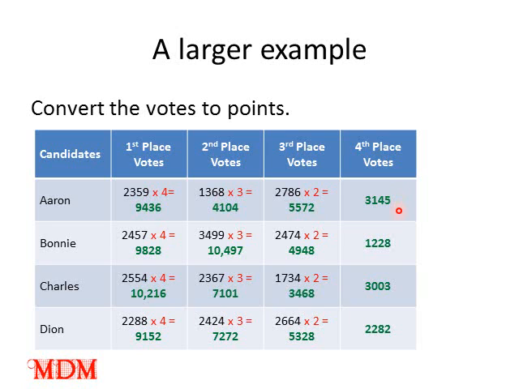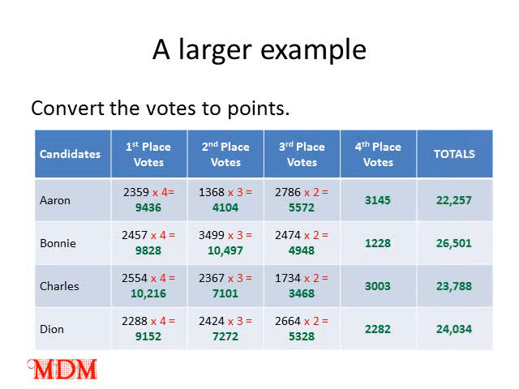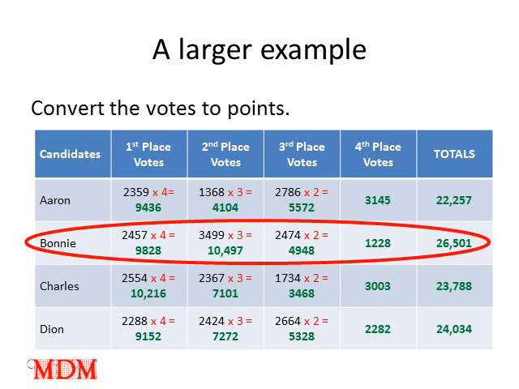In this case, I didn't show the multiplication by 1 because we know that any number multiplied by 1 gives us that number in return. Now I want to determine the total number of points that Aaron should receive and all of the other candidates as well. So looking at these totals, we can see that the candidate with the largest number of points who would win this election would be Bonnie.